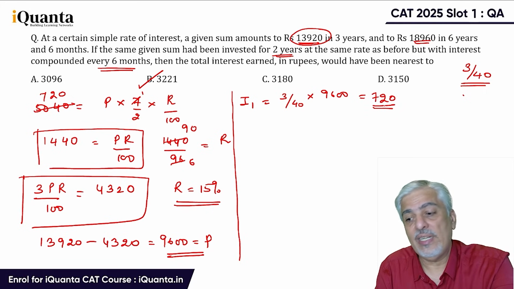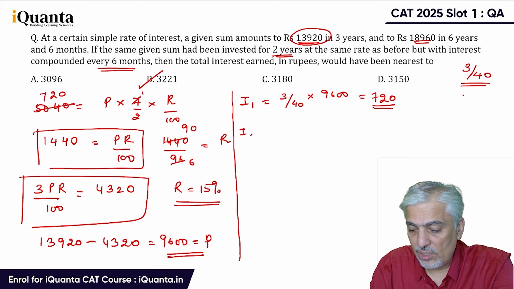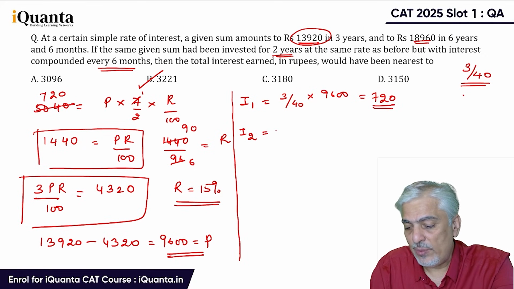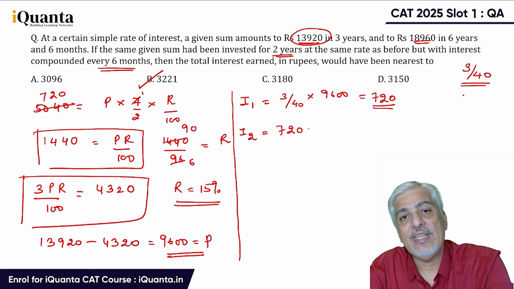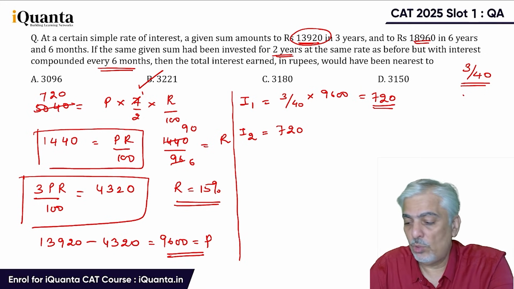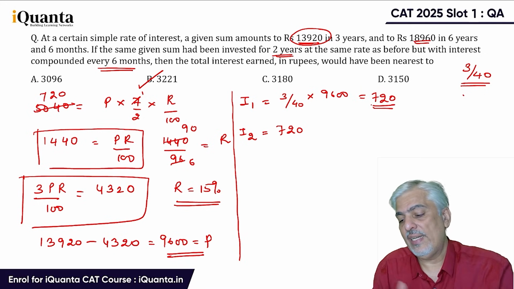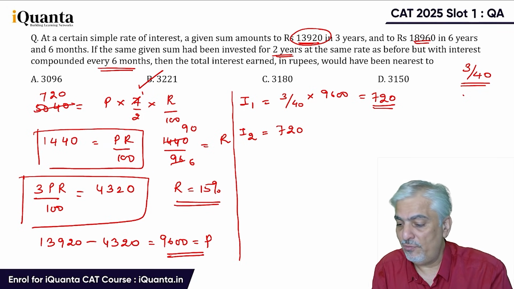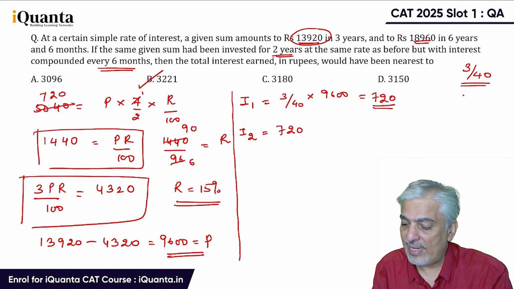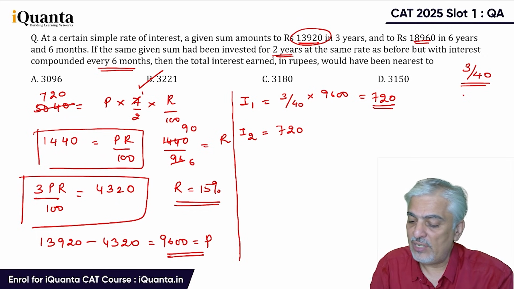Now pay attention very carefully to this. In the second period also, I will get 720 definitely, but I will also get interest on 720 again. Let's explain this one more time, because you will get 3 by 40 of 9,600 plus you will get 3 by 40 of 720. 720 divided by 40 is 18. 18 3s are 54.